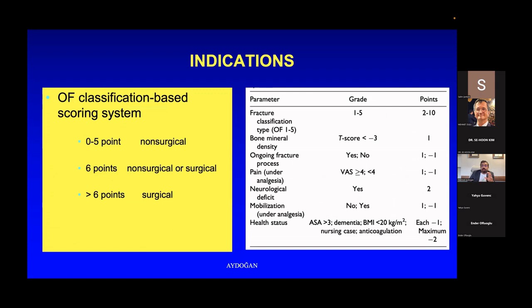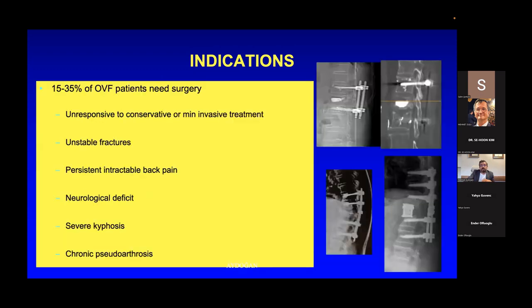This scoring system allows us to consider patients' comorbidities and general health condition. Then we can make the right decision about surgery, because the patients are generally elderly, not in a good health condition, and they have multiple comorbid factors. So we use this classification and scoring system in our practice.